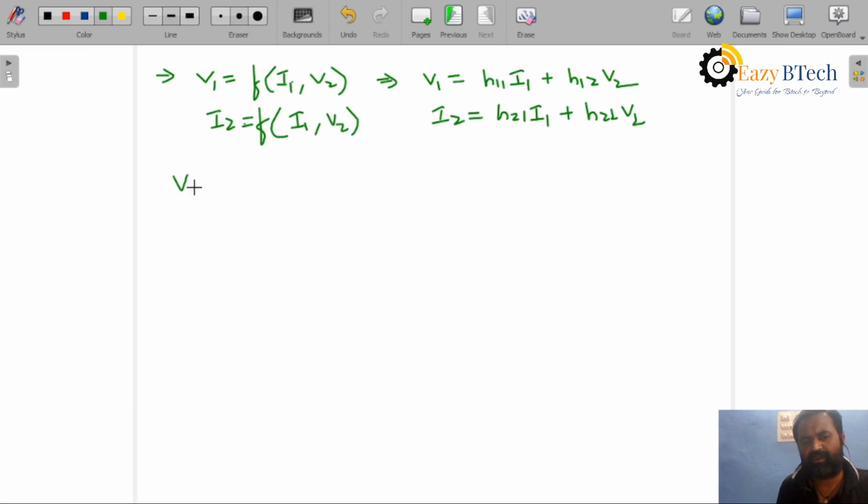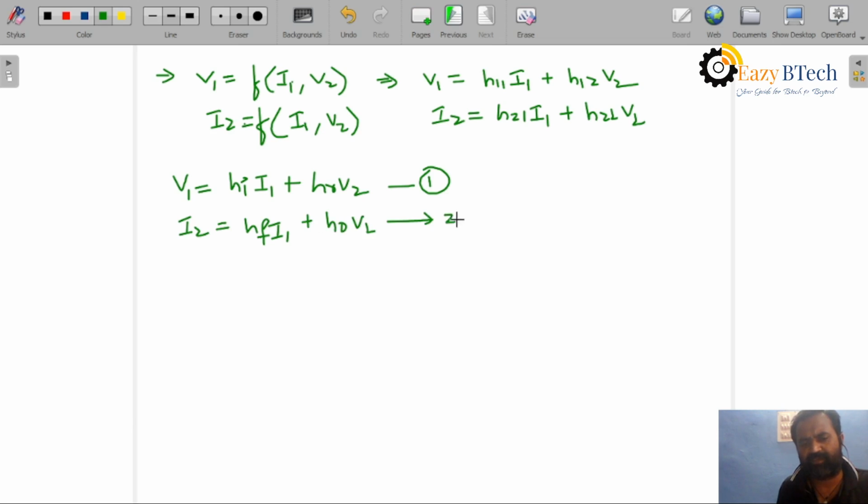We rewrite these as V1 = Hi I1 + Hr V2, equation 1, and I2 = Hf I1 + Ho V2, equation 2. This we have studied in the previous analysis.